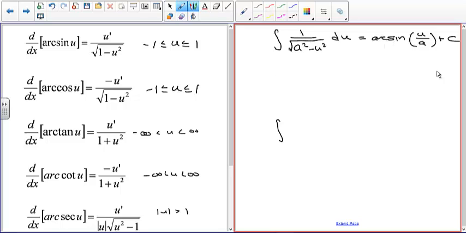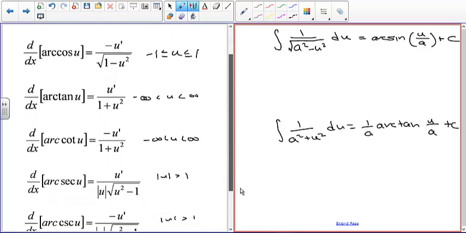You don't need to come up with the arc cosine. And you can see the only difference is one's positive and one's negative. There is a corresponding integration formula associated with this, which says the integral of 1 over a squared plus u squared du is equal to 1 over a times the arc tangent of u over a plus c.